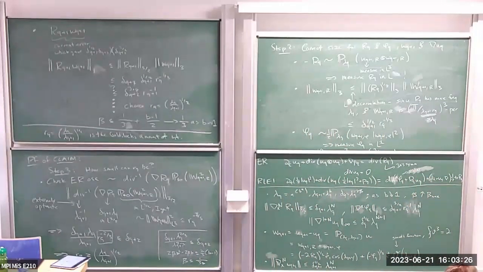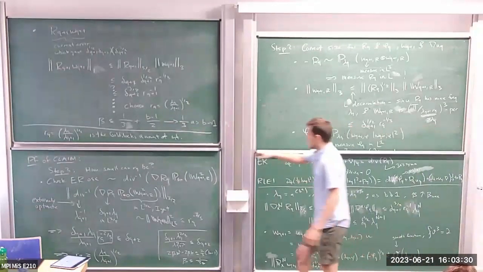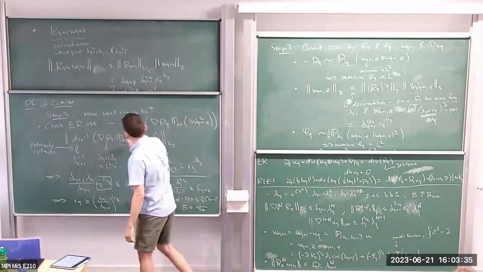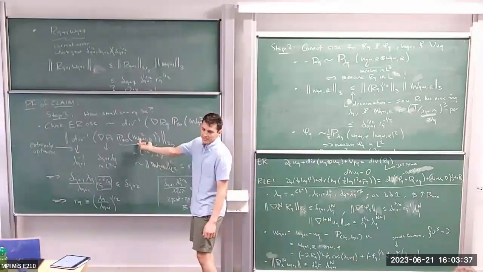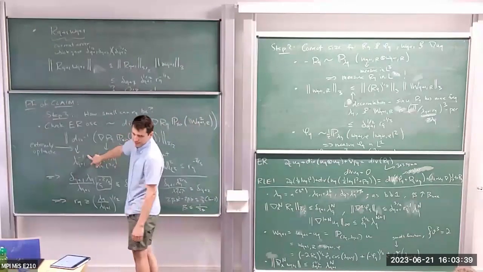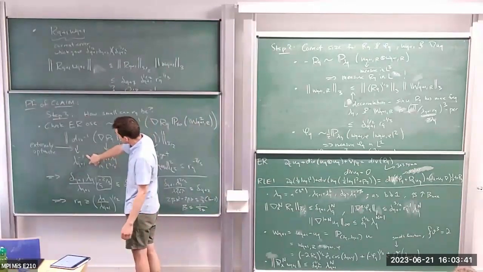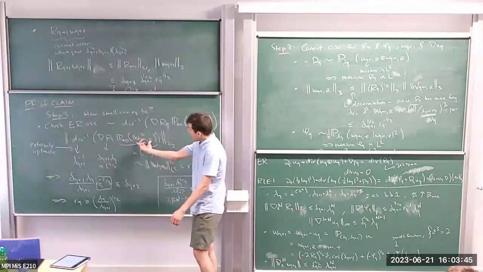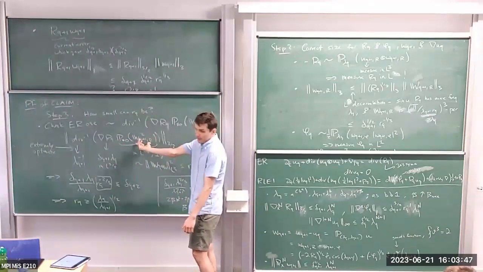Now, the reason we're not done is because when we smeared out the frequency support of this thing, we ruined this estimate. This estimate is only true at the very highest frequency shell of this object.